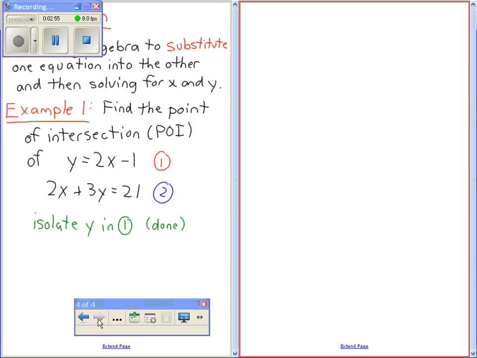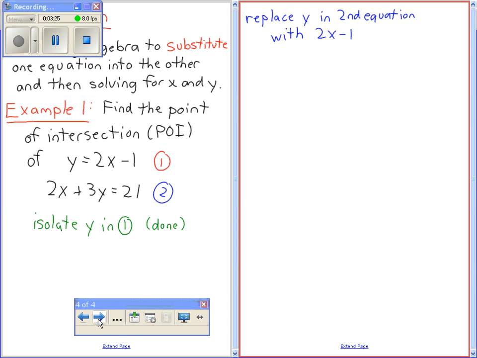Next page. So now the idea, Rowan and everyone else, is that y we know is equal to 2x minus 1. So everywhere I see a y, I'm going to replace y in the second equation with 2x minus 1. I'll go through the first one here, and then I'll let Rowan throw some algebra.